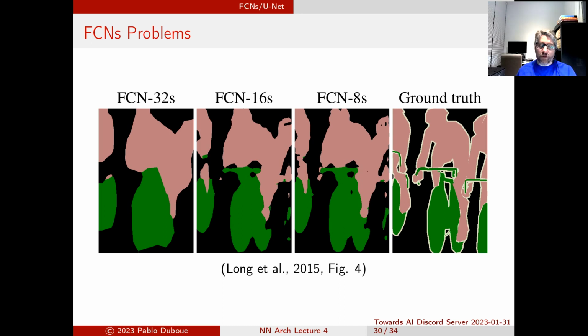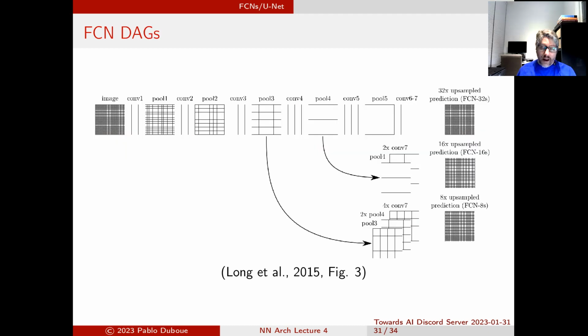But if you were to stop earlier in the network, then you can get more fine-grained features. And they allow that process by making what they call a fully convolutional network, a directed acyclic graph, in which they take networks at different levels of resolution, and then they combine them.